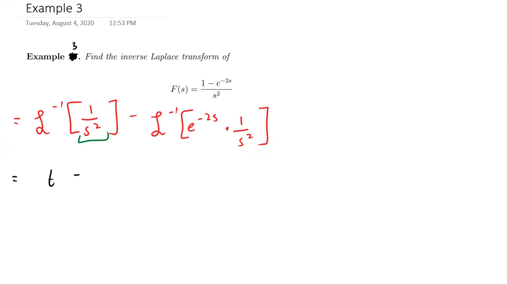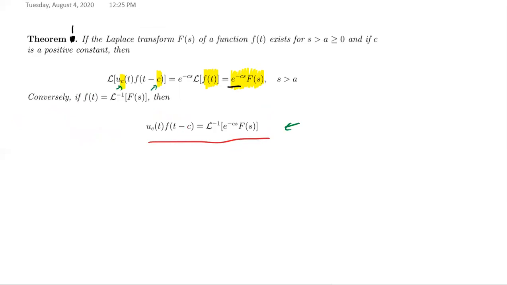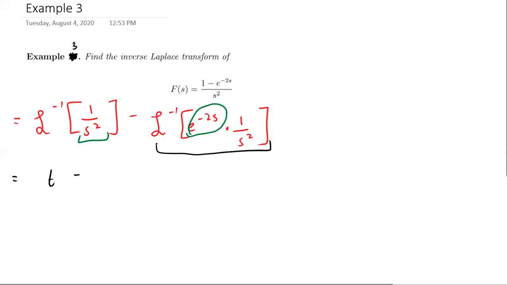Now, minus, let's work this part out. If you look at this here, at least this part looks like a shift by 2 units. And again, that comes from theorem 1, when we calculate this Laplace transform. So, noticing that, actually let me highlight it so it's easier to read.